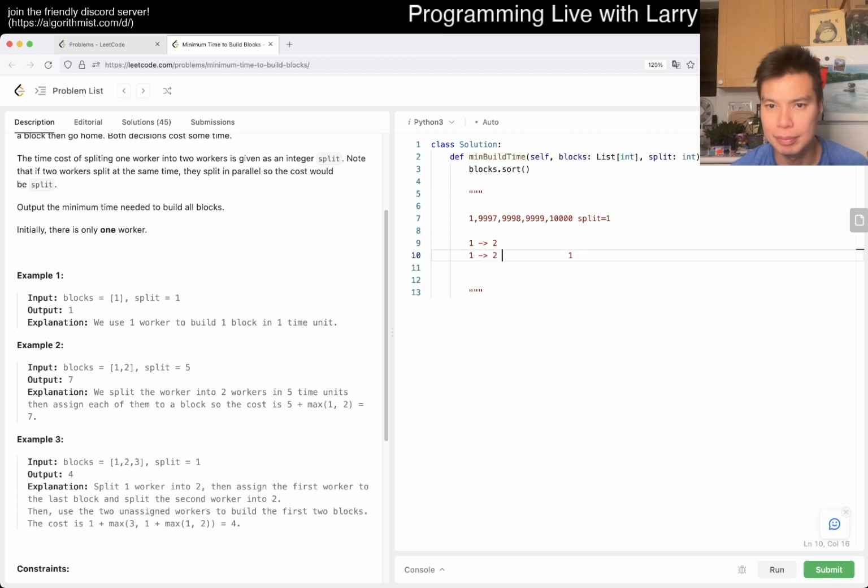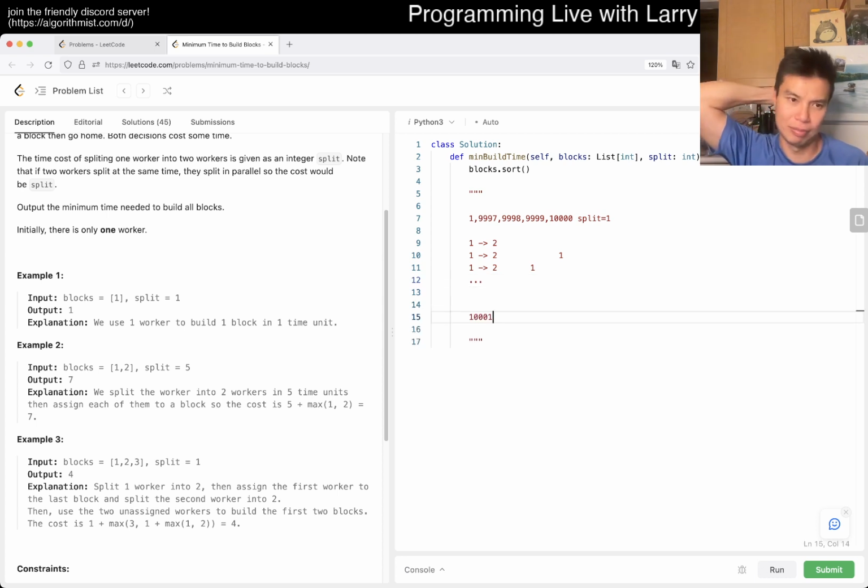And then you split the other one into two, and then work on the 99,999, and so forth. But the answer is going to be 10,001 or whatever it is, instead of splitting them all at the same time.